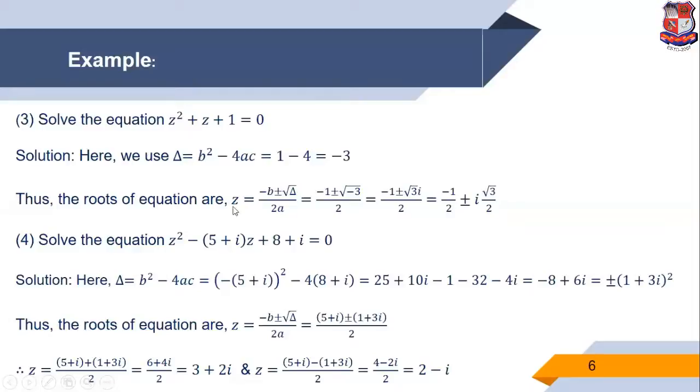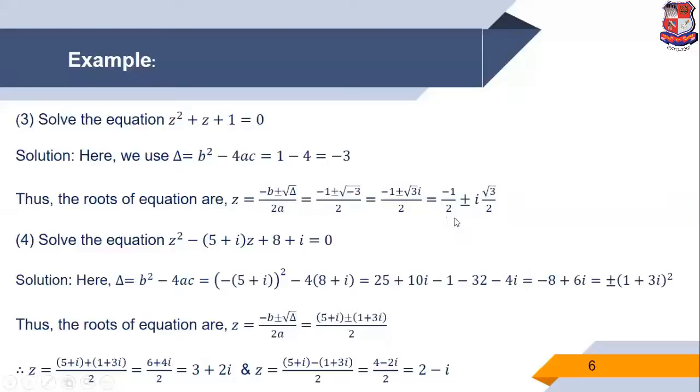Thus the roots of the equation are, z is equal to, the formula is minus b plus or minus root delta upon 2a. That means minus 1 plus or minus root minus 3 upon 2. And therefore root minus 3 is nothing but root 3 into i.